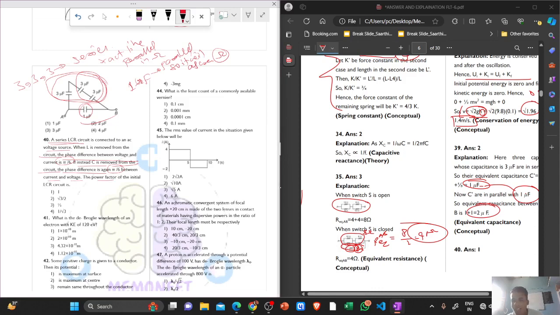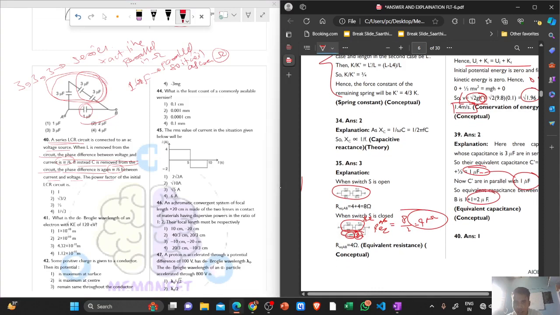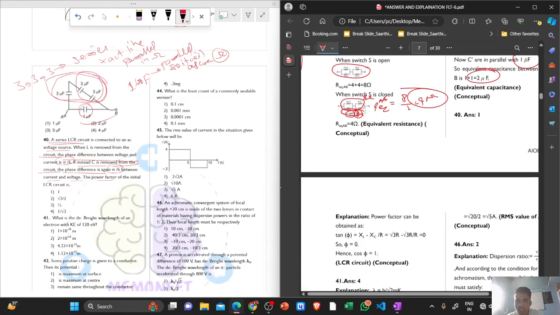It is just asking about the power factor. You know power factor is cos phi. So you just need to calculate phi. Tan phi can be calculated by XL minus XC by R, or you can take it as a mod, XC minus XL.